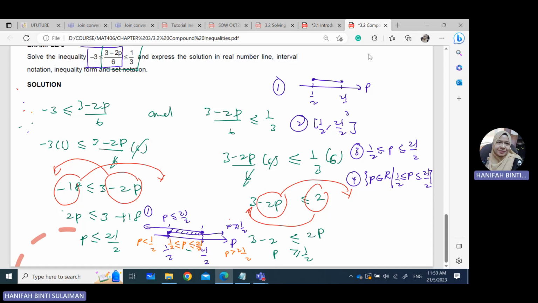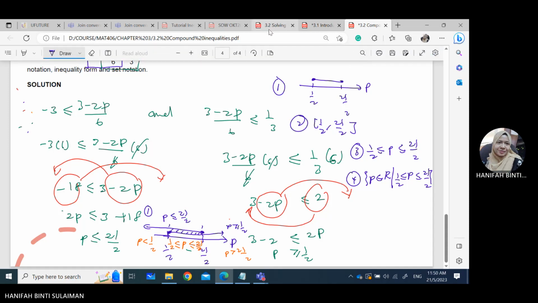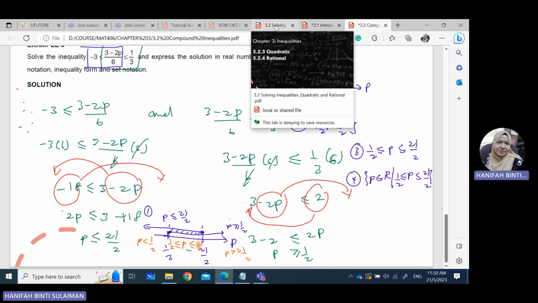Ada soalan? Tak ada. Okay, boleh kita teruskan kepada solving inequalities based on quadratic? Boleh.